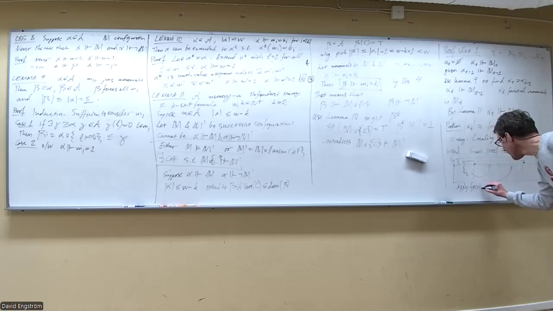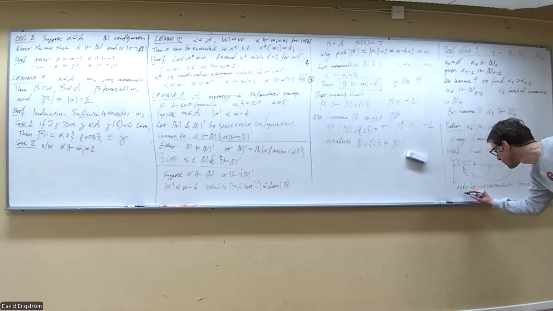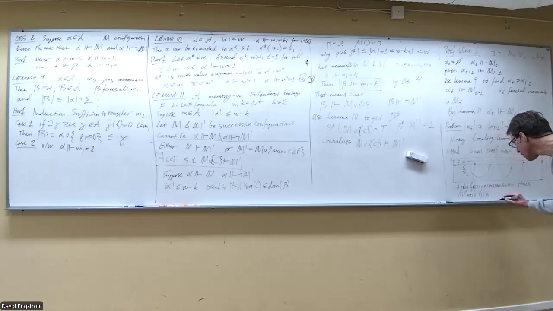So we're going to apply the forcing construction S times, roughly. And we know that every time we grow by S. So hence this will work if the width lower bound W is something like S squared.